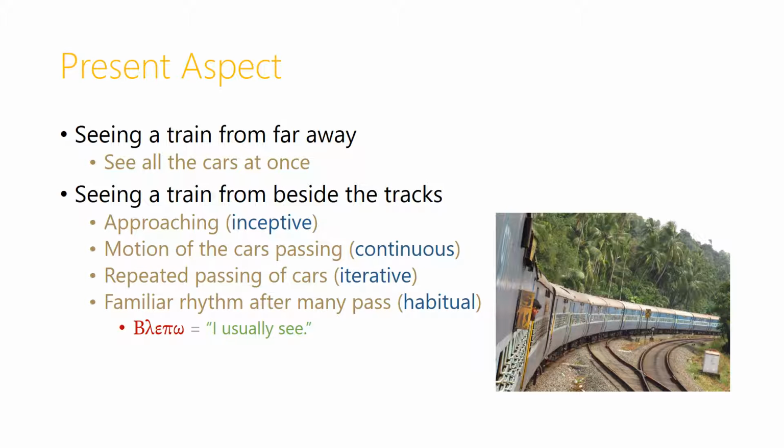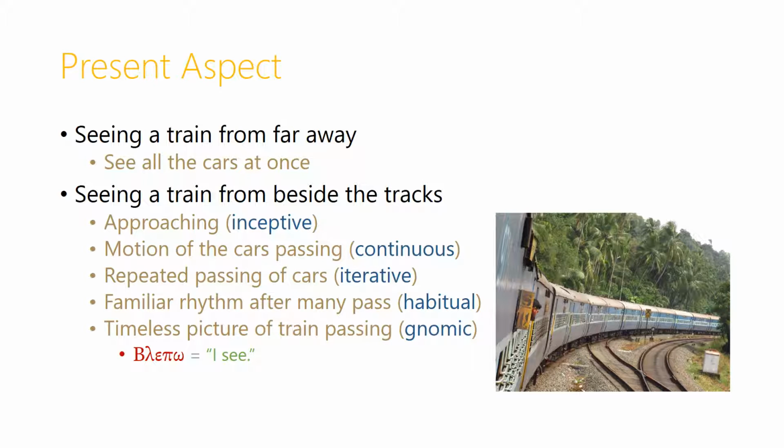The familiar rhythm after many of these cars pass, if it's a really long train, is a little bit like a habitual present. In this case, we would translate blepo, I usually see, or I frequently see.